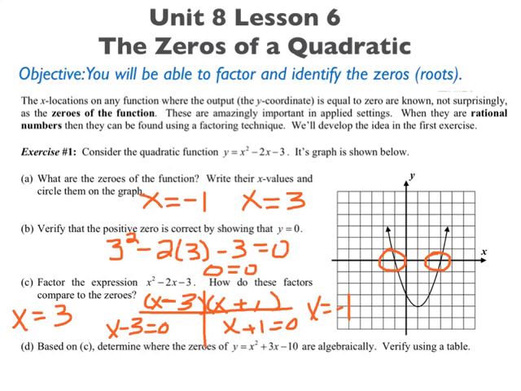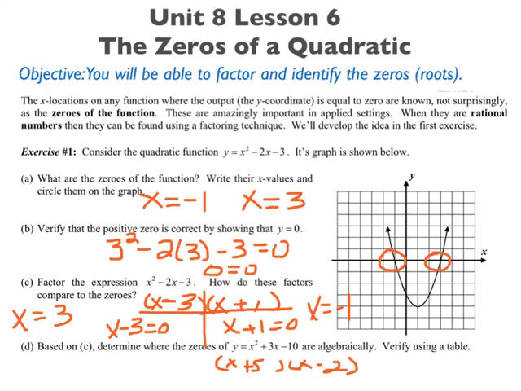D. Based on C, determine where the zeros of y equals x squared plus 3x minus 10 are algebraically. Verify using a table. Well, I want to do this algebraically, like he said, so do 2 parentheses. Let's break it up: x and x, plus and minus, 5 and 2.